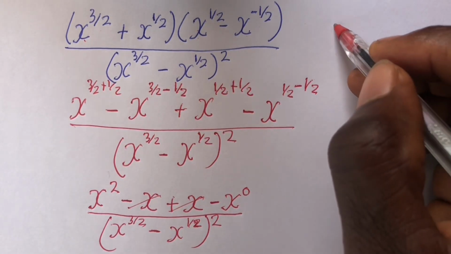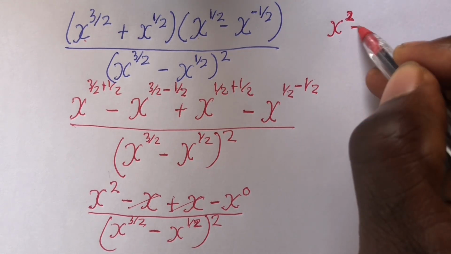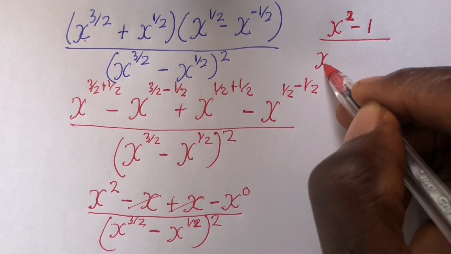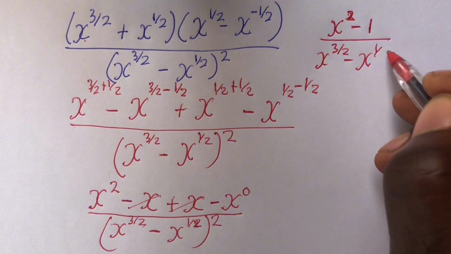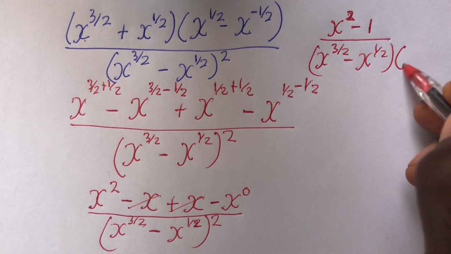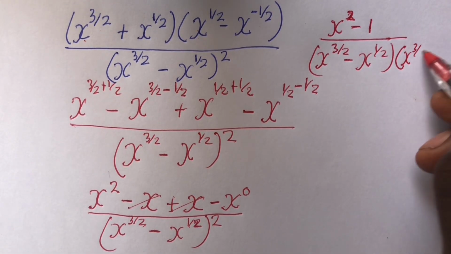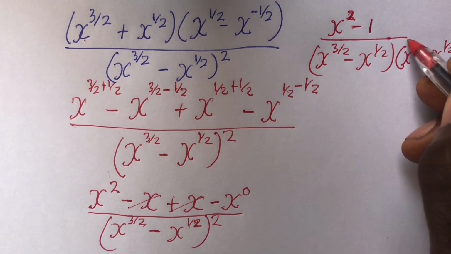So we're going to get x squared minus 1, all divided by x^(3/2) minus x^(1/2), times x^(3/2) minus x^(1/2).